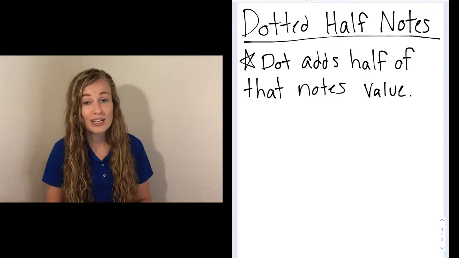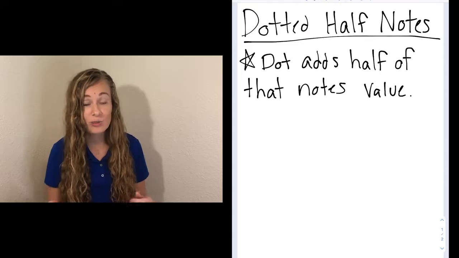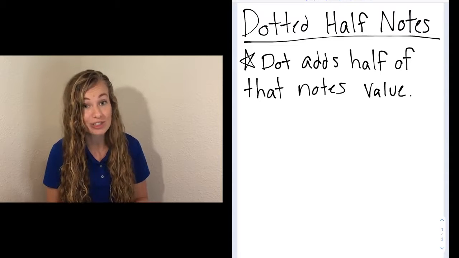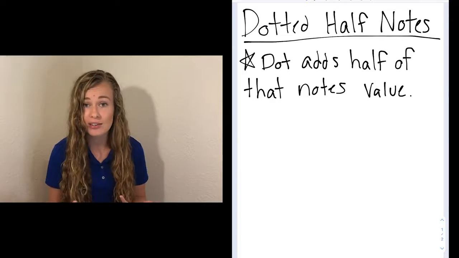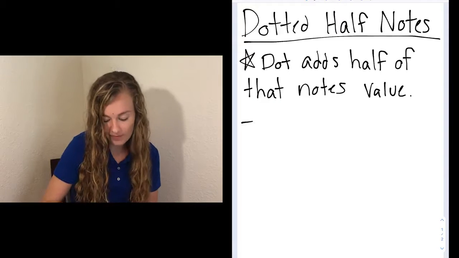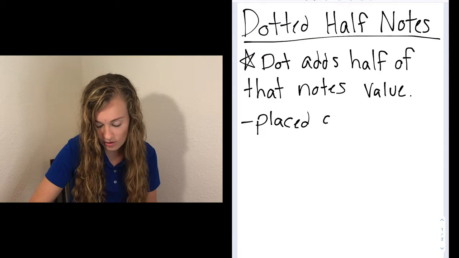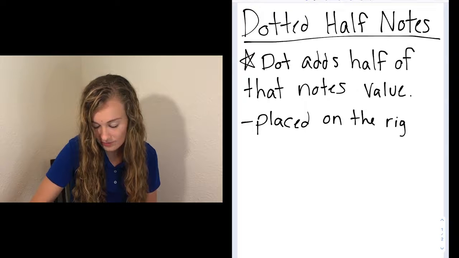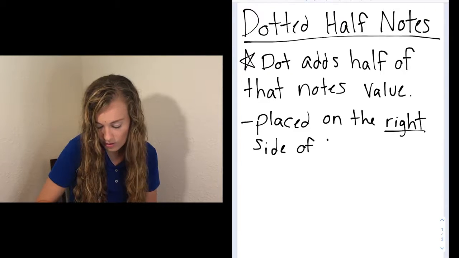So it's super important. It depends on what type of note that dot is attached to. Today, we're going to talk about the half note in particular. Another thing is that there's different types of dots and they do different things. The dot that we're talking about today is going to be placed on the right side of the note.